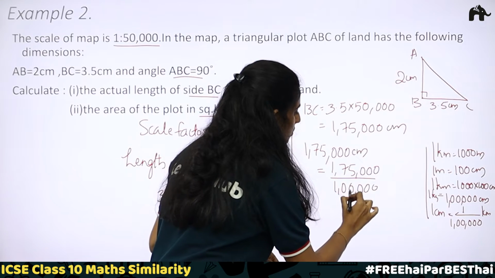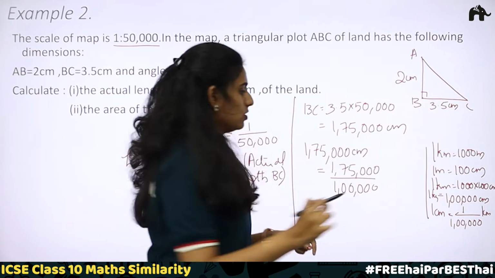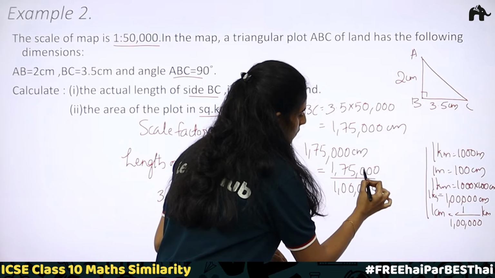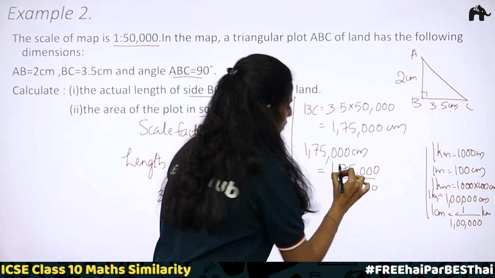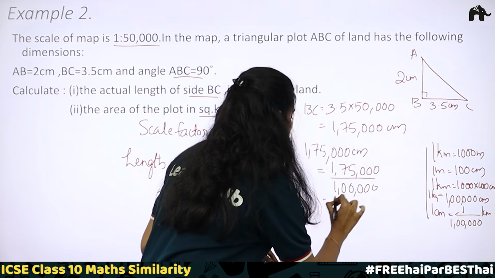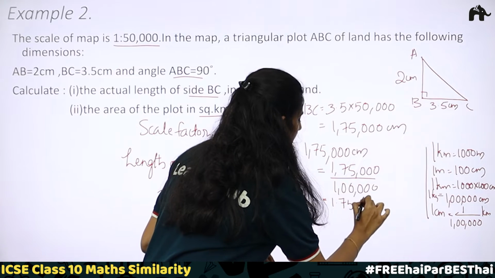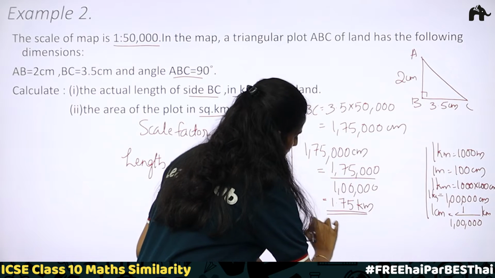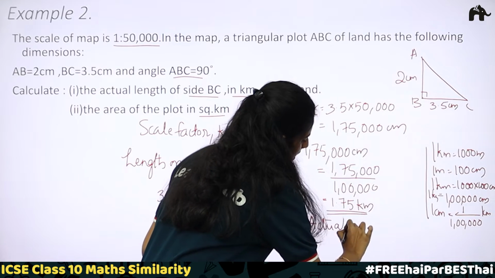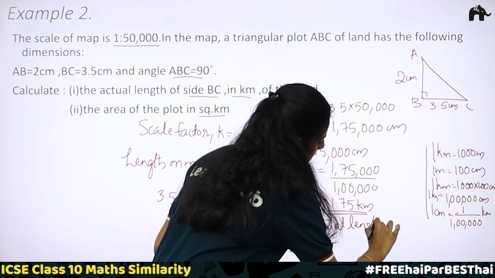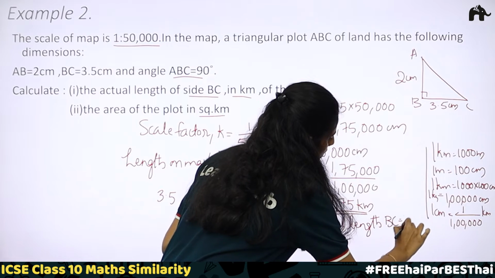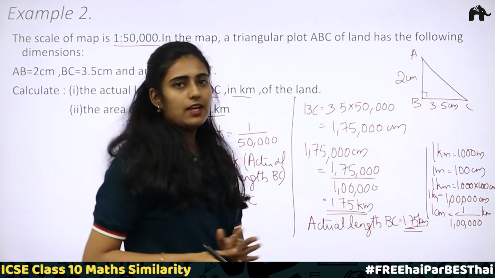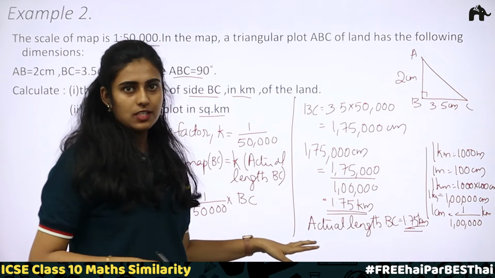We have 5 zeros. So you have to move 5 decimal points: 1, 2, 3, 4, 5. So here you will be putting the point. That is 1.75 kilometers. So the actual length BC is equal to 1.75 kilometers. Understood this?